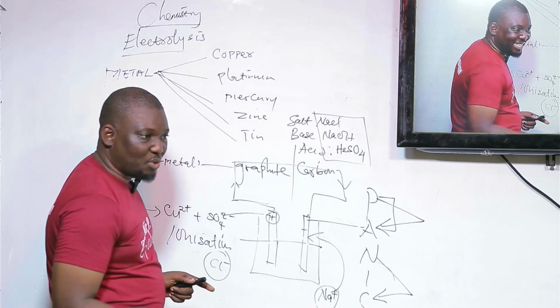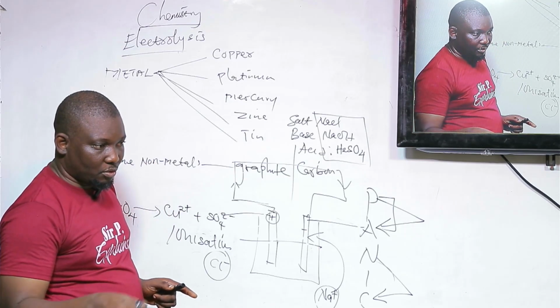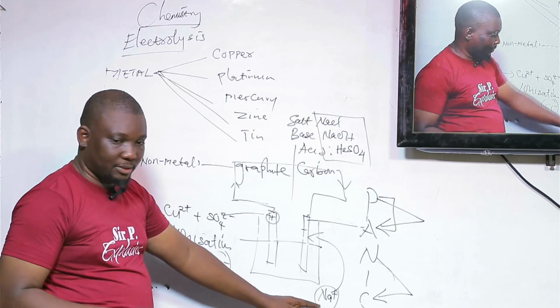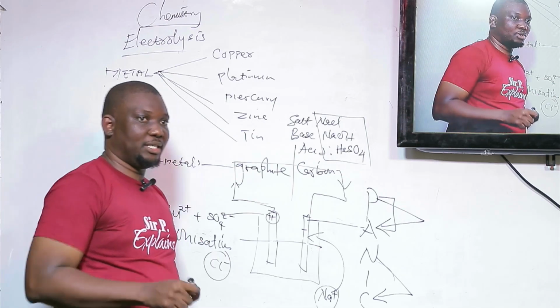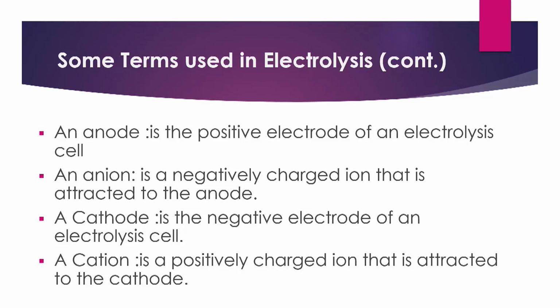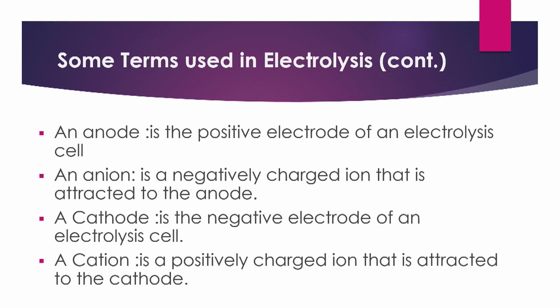Cation means it is a cathode ion. Join the two words together, and you have cation. So a cation is a positively charged ion that is attracted towards the cathode.